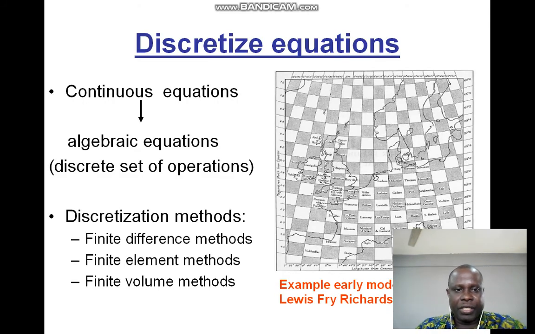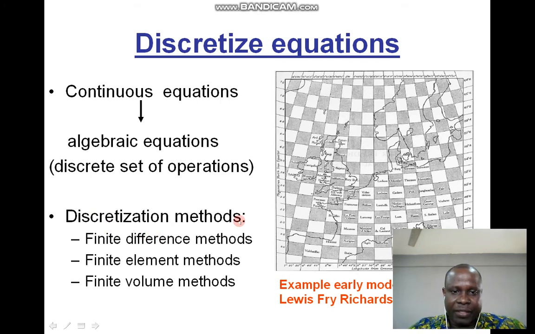The process of discretization, as I mentioned before, basically takes the continuous equations and turns them into a system of algebraic equations, a discrete set of operations. That is what you can actually put in a computer, rewrite as code, and solve.